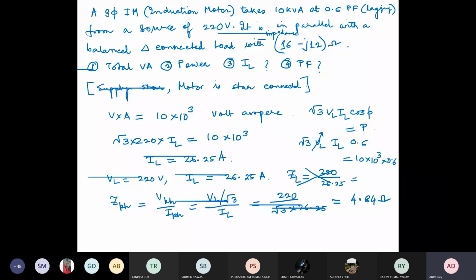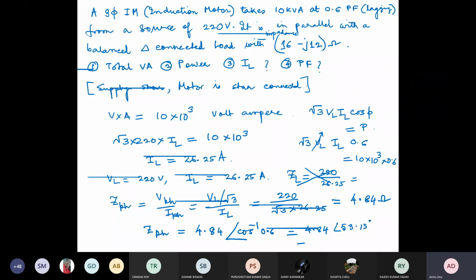So you get it per phase, and once you get per phase impedance and you know the power factor, you can express it using cos inverse. So Z phase can be written as 4.84 angle cos inverse 0.6, because it is lagging, so it will be plus. Cos inverse 0.6 is equal to 53.13. So 4.84 angle 53.13.